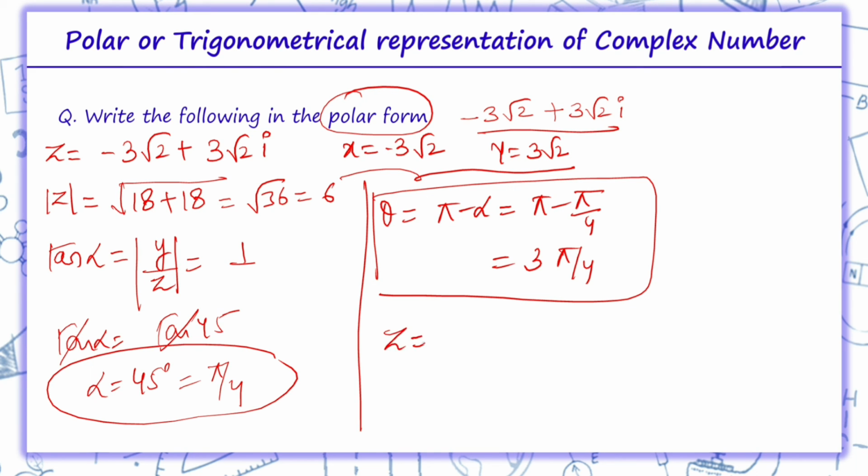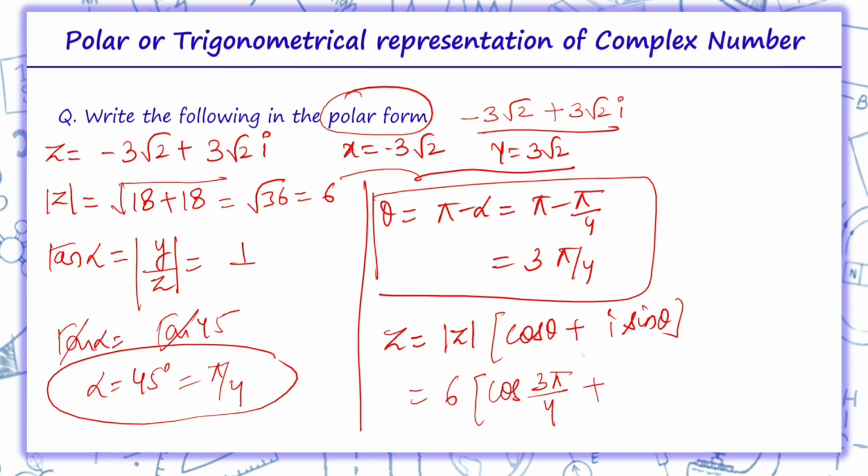As I told, polar form z is basically represented by mod of z into cos theta plus i sin theta. So here mod of z we calculated is 6, cos theta is cos 3 pi by 4, and sin theta is sin 3 pi by 4. So this is how any complex number can be converted into the polar form.